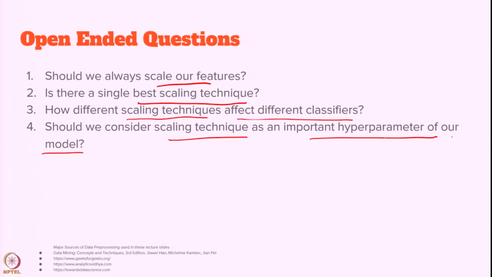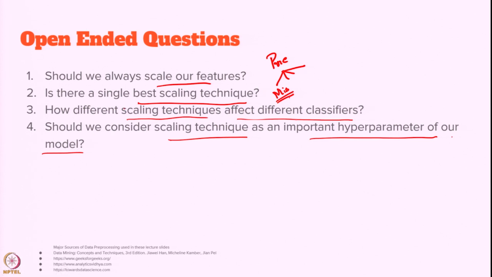Now the thing is, these set of questions are valid for each and every step of data pre-processing. What we mean by that is, for missing values or data cleaning, reduction or any major task, in subtasks like missing values: do you really need to scale? Do you really need to fill the missing value? Is there any single best method to do that?